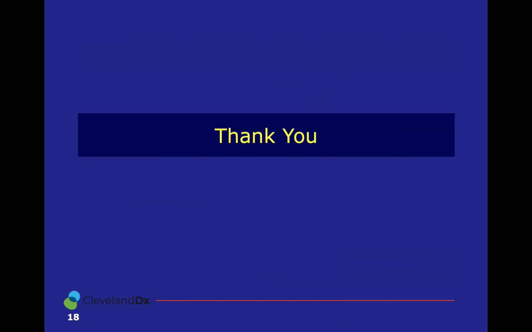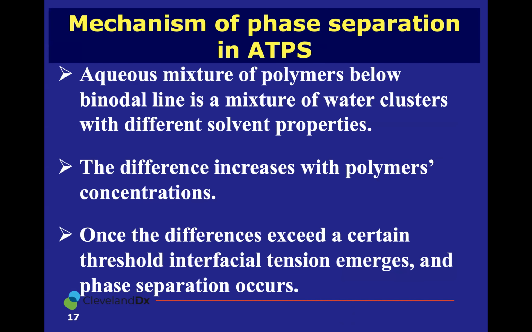So here are the final conclusions. Basically, the idea is that when you have an aqueous mixture of two polymers below the binodal line, this mixture is not just a simple aqueous solution of two components. It's an ensemble of different water clusters formed by these phase-forming polymers.